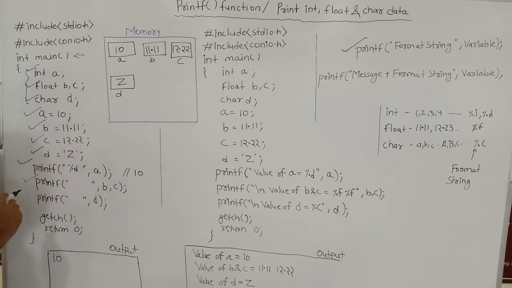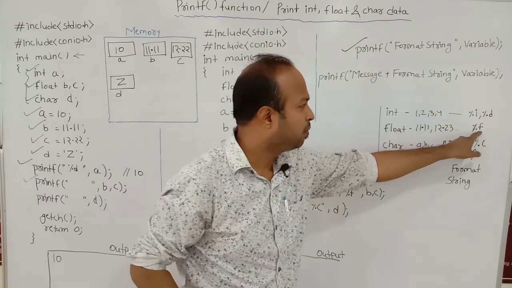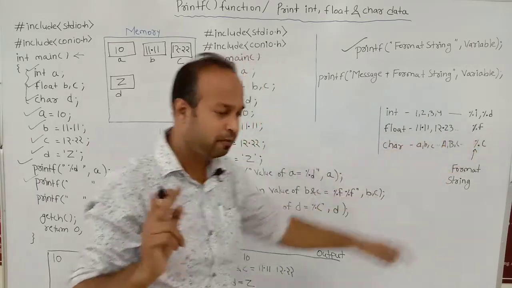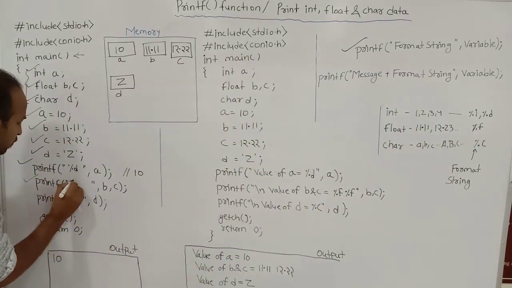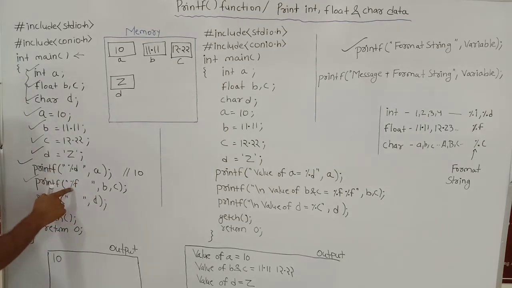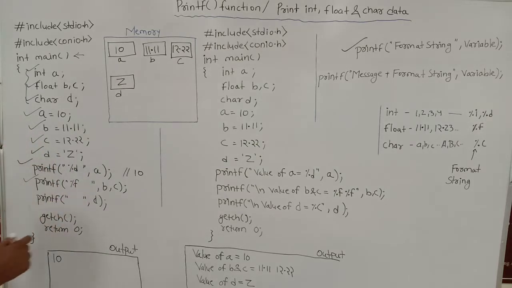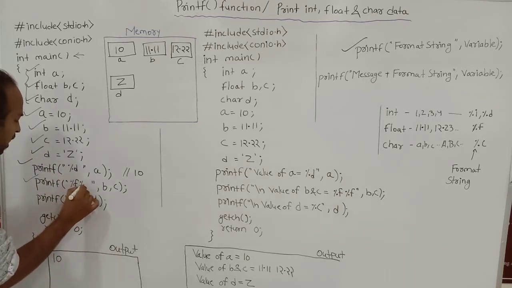It is floating data, and if we want to print float data, then we have to use the %f format specifier. So we will write %f. %f denotes we want to print float data. Here we want to print b and c, which means 2 variables, so we have to write %f 2 times.